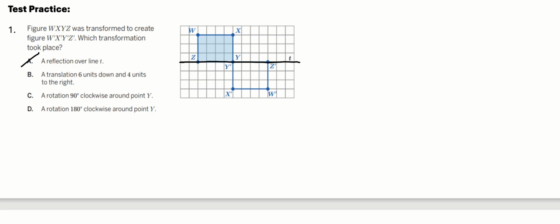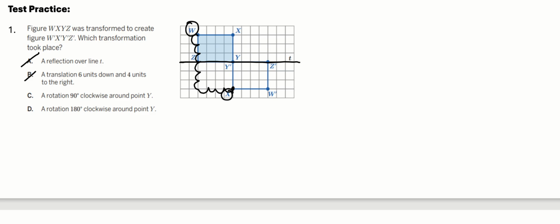And then I translate 6 units down and 4 units to the right. So if I just take W and go 1, 2, 3, 4, 5, 6, 1, 2, 3, 4, yeah, I get to a dot, but it's X prime and not W. And remember, they need to correspond or match, and it definitely doesn't match.